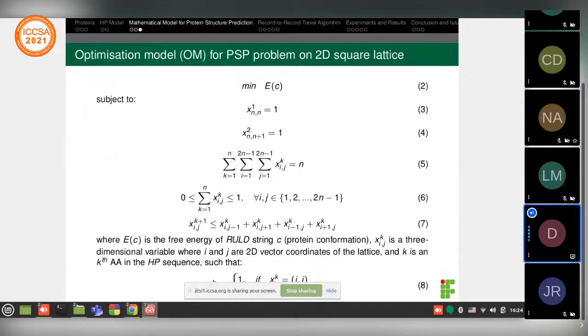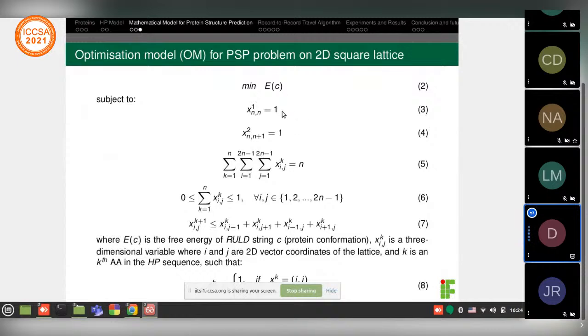We have a minimization problem based on the minimum energy principle with the following restrictions. Equation 2 is the full energy of the string C, that means the protein conformation.